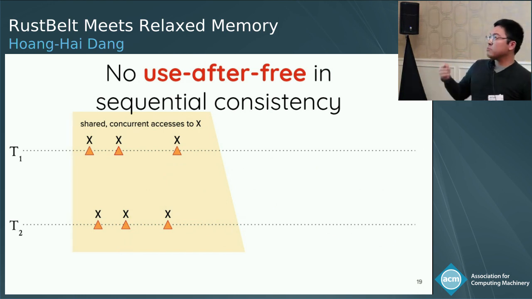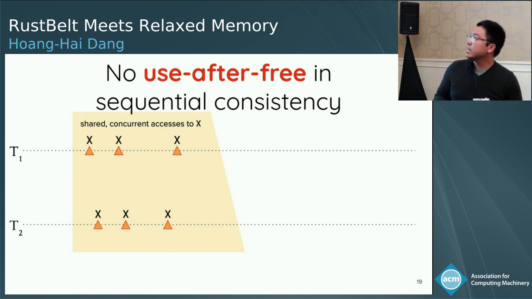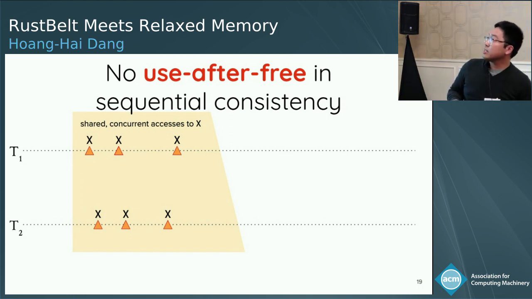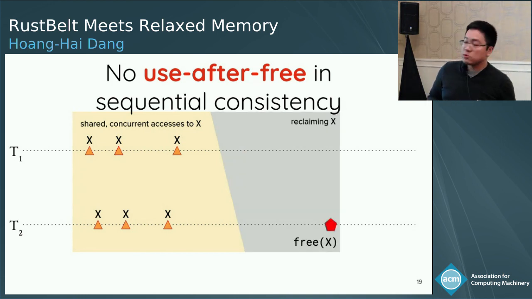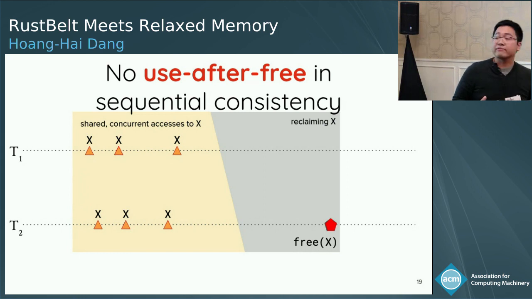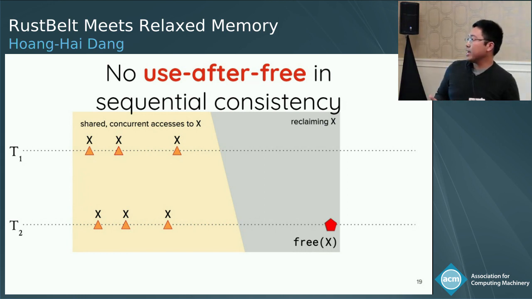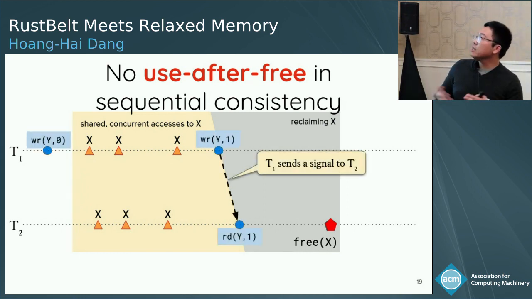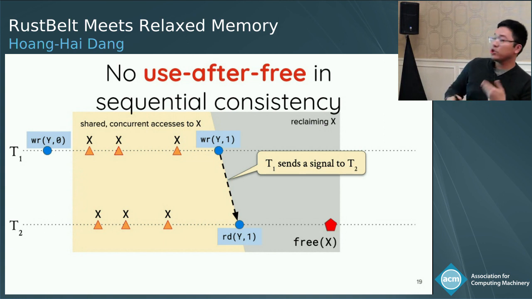In this example, we have two threads running concurrently, and they are also concurrently accessing the location X. At the end, thread 2 will be responsible for reclaiming X by calling free X. The two threads coordinate by using a flag Y. Thread 1 simply sets Y to 1, and thread 2 simply waits for that write by continuing to read Y. Once that is established, thread 1 has sent a signal to thread 2, and thread 2 can then free X.